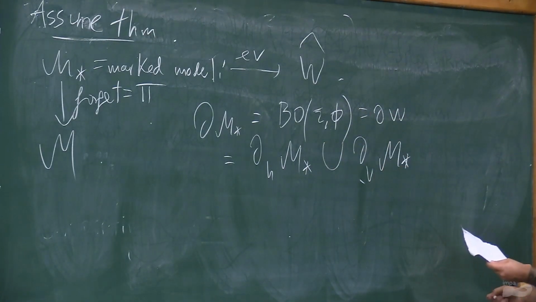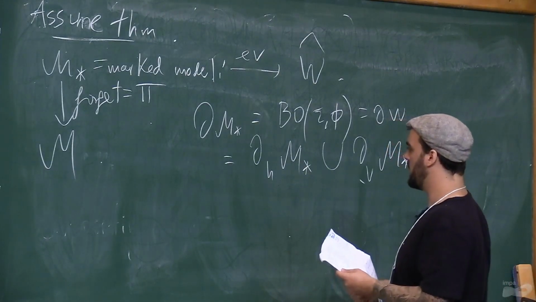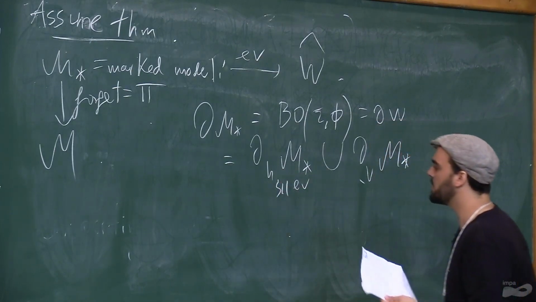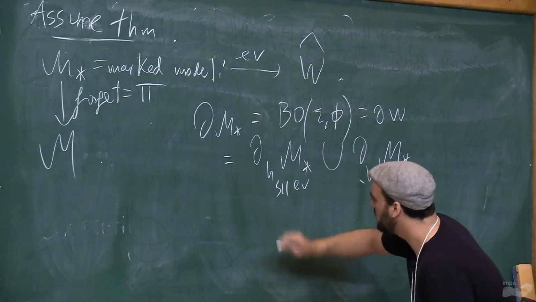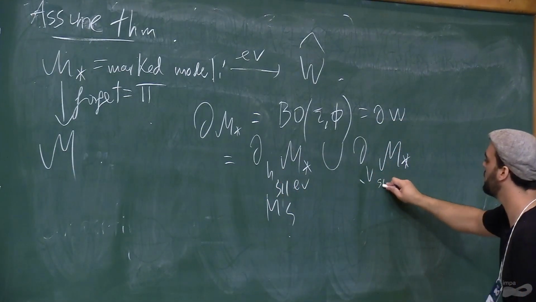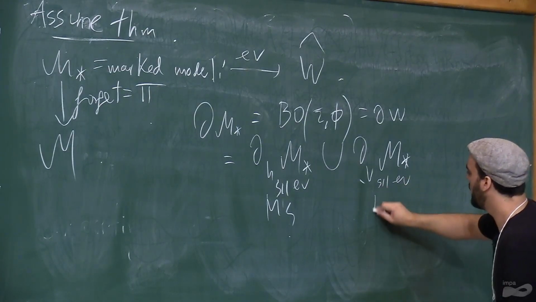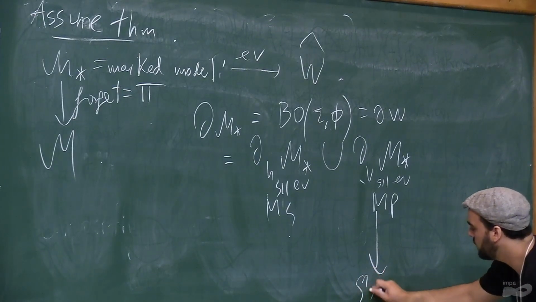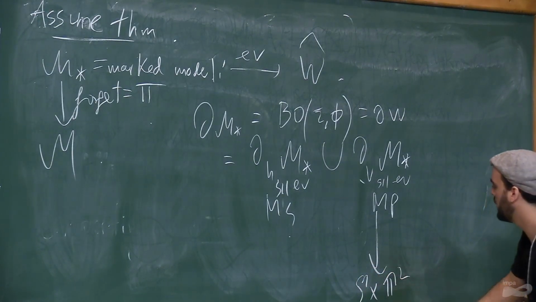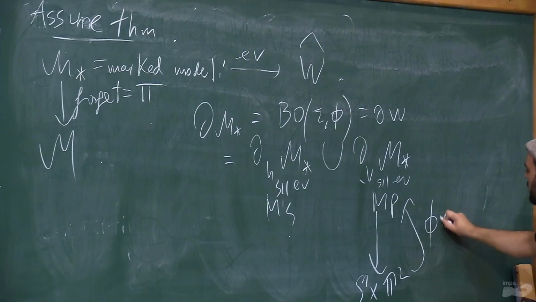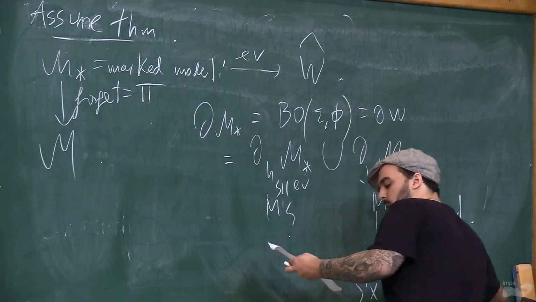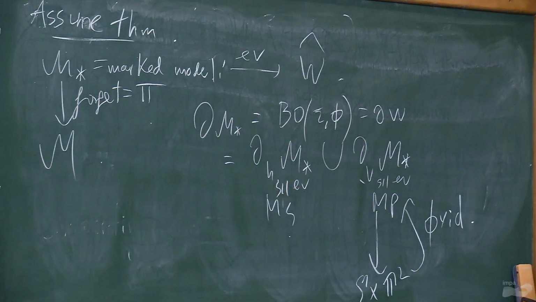Under the evaluation map, this corresponds to the spine, and this corresponds to the paper. In particular, it fibers over S1 times T2 with this monodromy. It's some sort of stabilized version of Wendl's result.